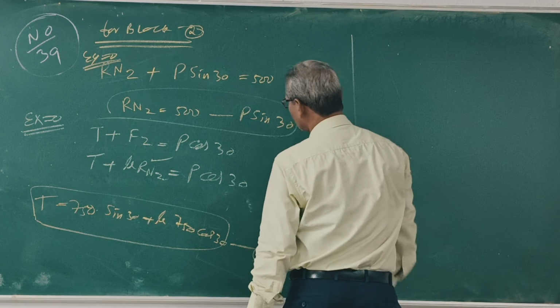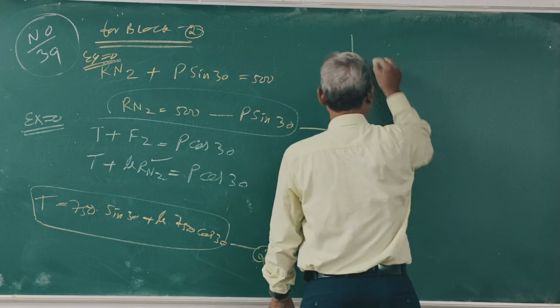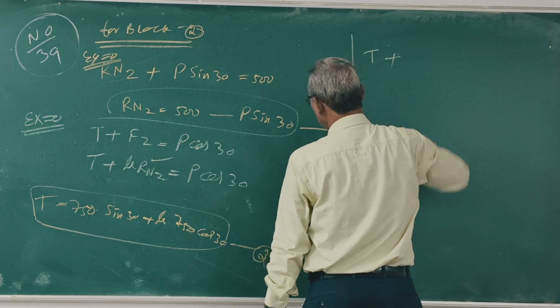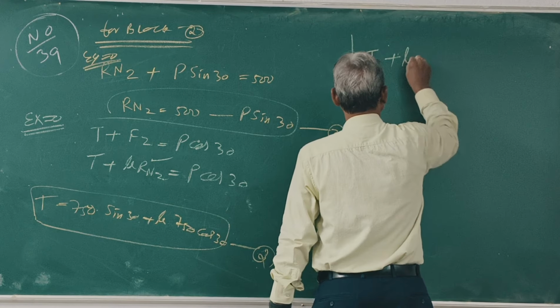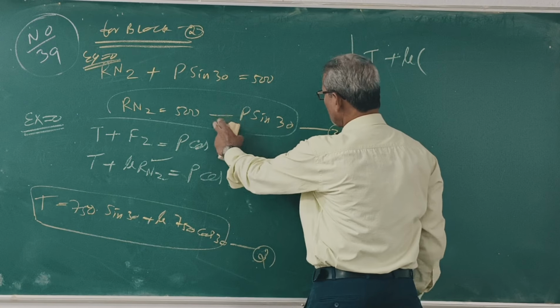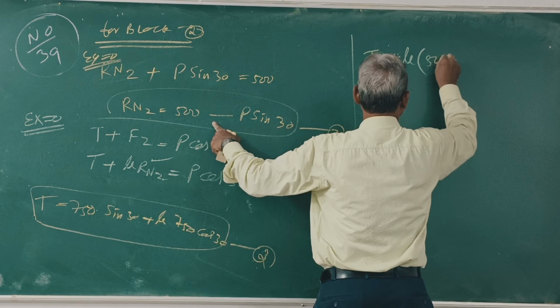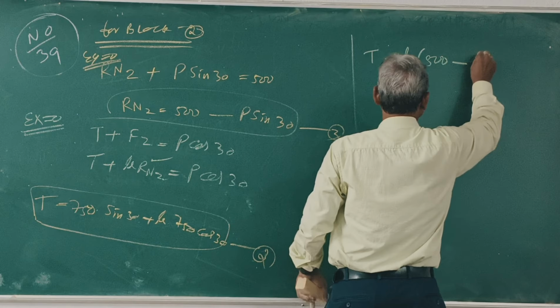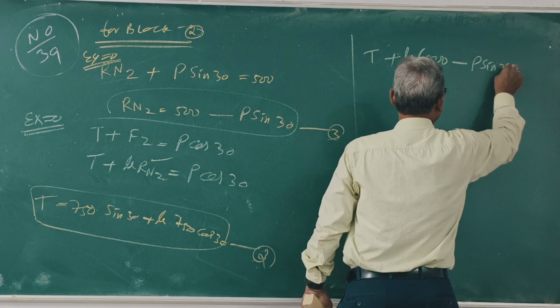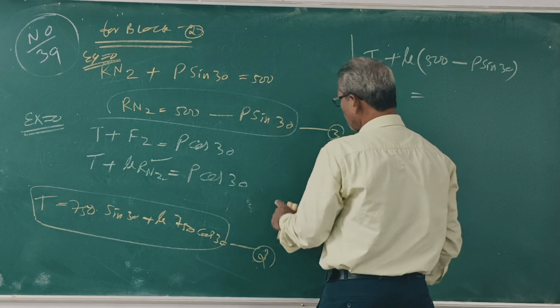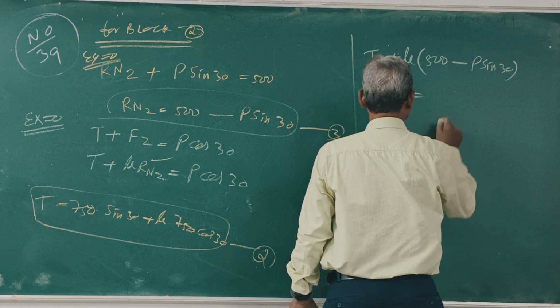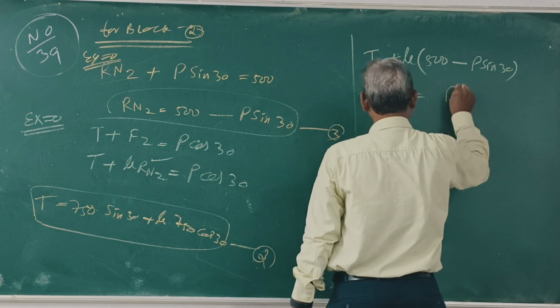So T plus mu, what is Rn2? 500 minus P sin 30 is equal to P cos 30. Clear?